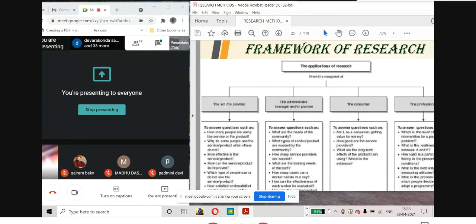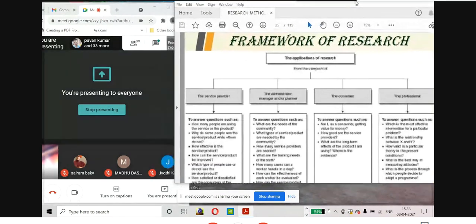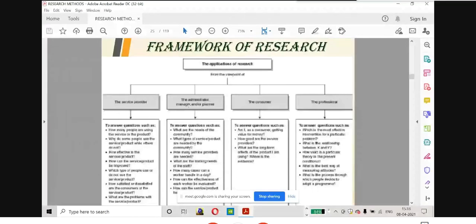The service provider, and then the administrator, the consumer, and the professional. In case of each, there are certain questions for which the answers are sought. For example, I'll read these questions.